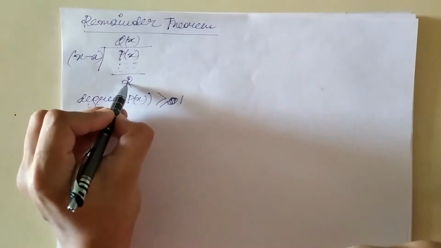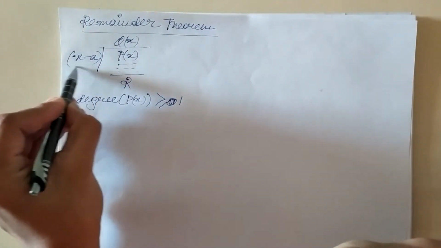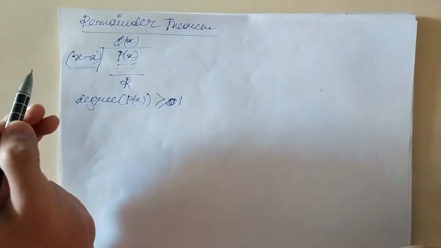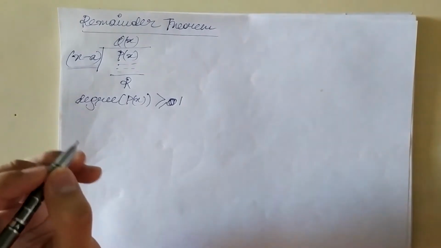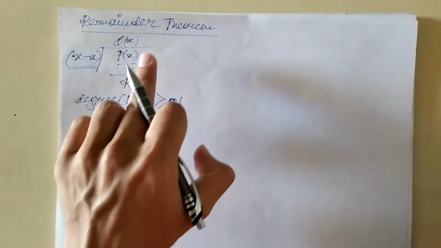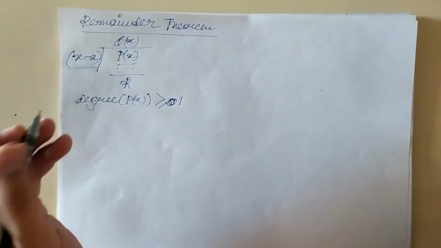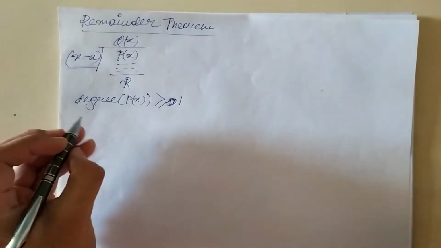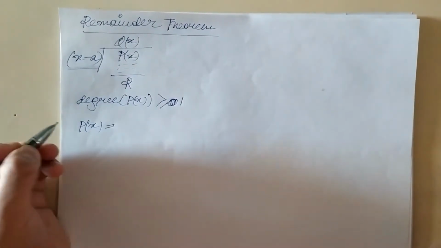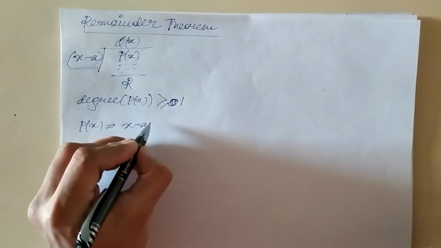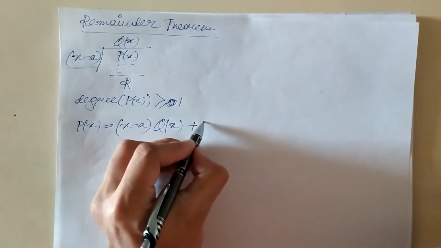And an important point to note here is that the degree of remainder is always less than that of x minus a. This you must have studied in your high school. Now if I put all these together in one formulation, then I get the formula p(x) is equal to (x minus a) into q(x) plus remainder.